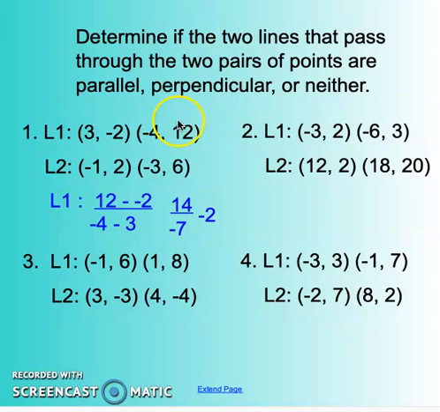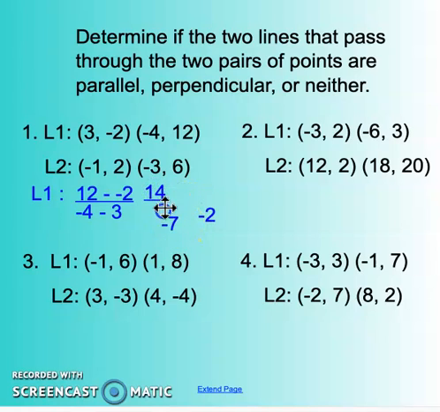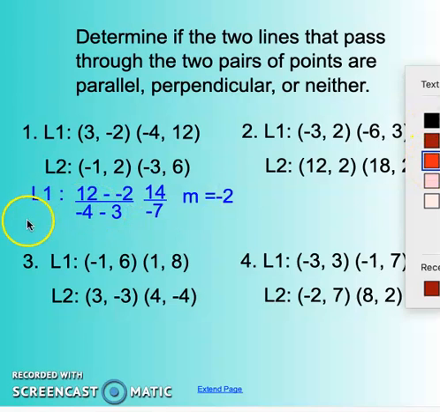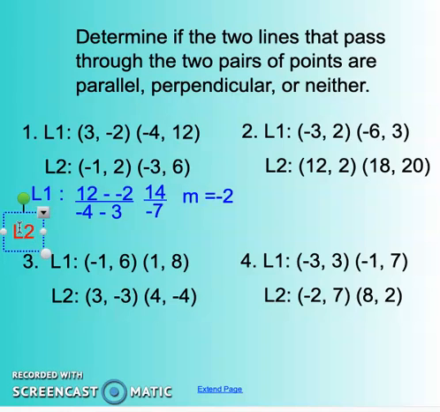So our slope for line number 1, and I'm going to move all this stuff up because we have another line to do, is negative 2. I'm going to label this m equals negative 2. How about our line number 2? Let's do a different color. L2. Let's start with our y coordinates: 6 minus 2.